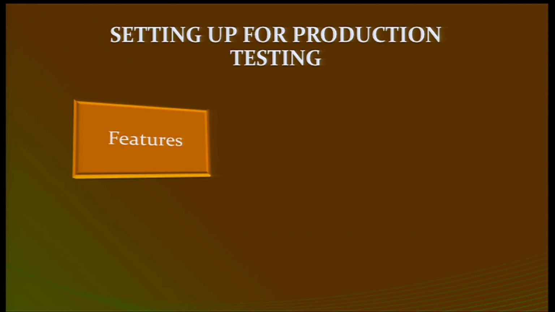To set up your solution for production testing, we feel that these are some of the steps you can take to get there. One is features. Features and feature sets in general address some big functionality in your solution. Usually this is done as a big change.